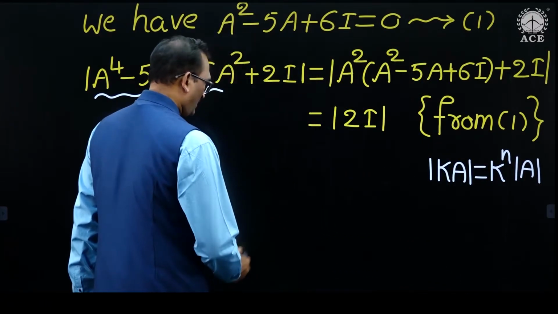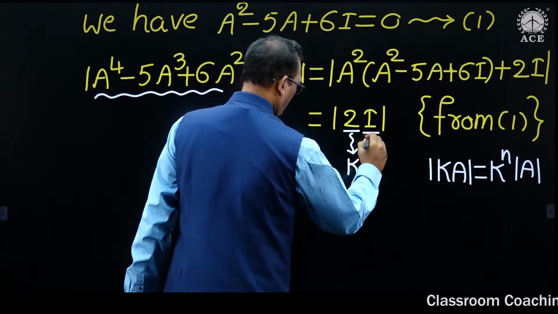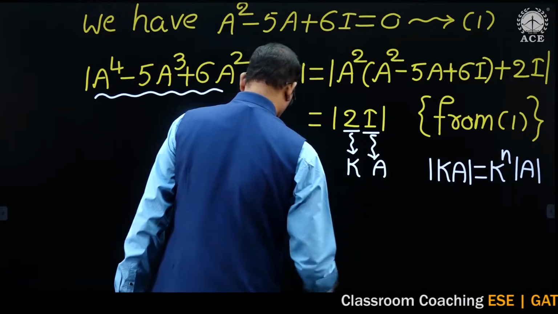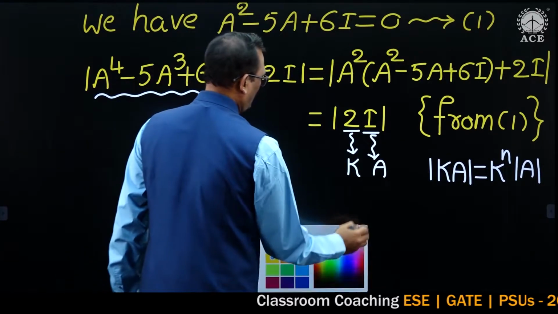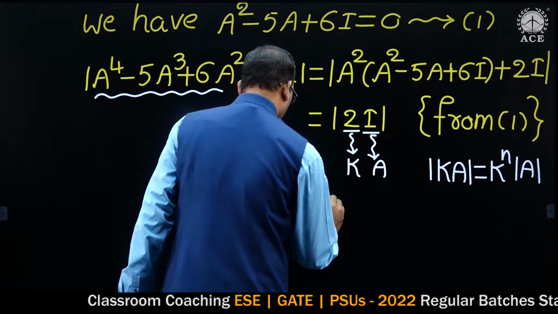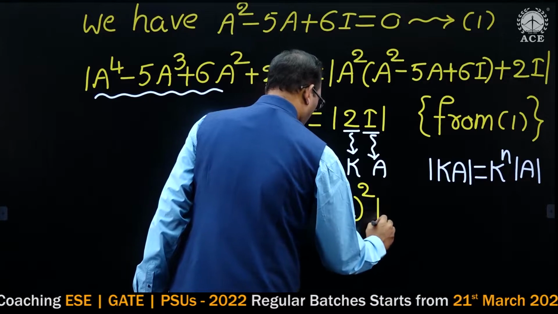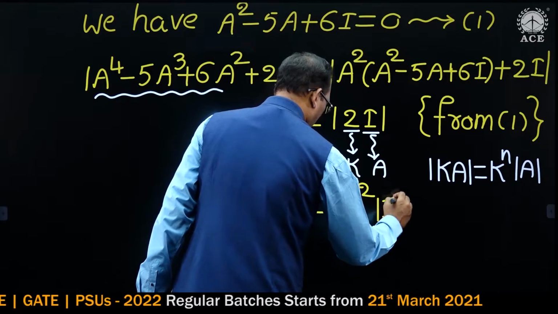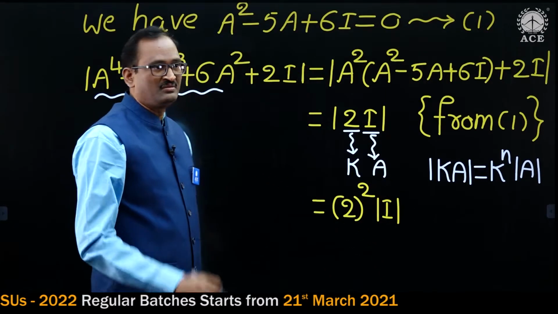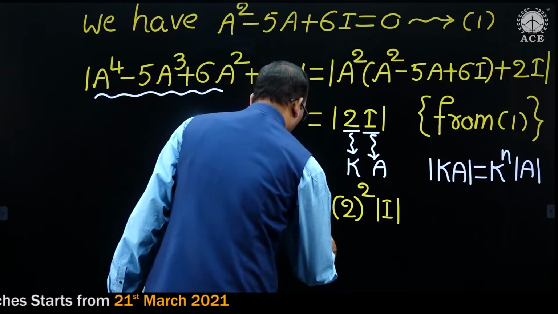Now it is in the form of determinant of kA, that is k to the power of n, n means order of the matrix, that is 2, into det A, A means I. Determinant of identity matrix is 1. 1 into 2 square, that is 4.